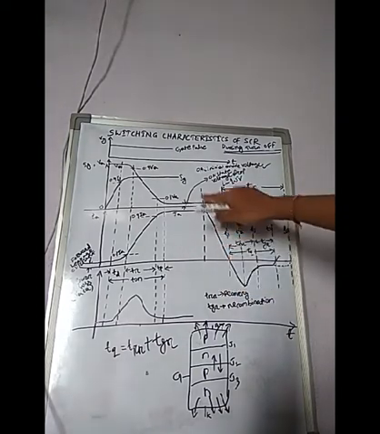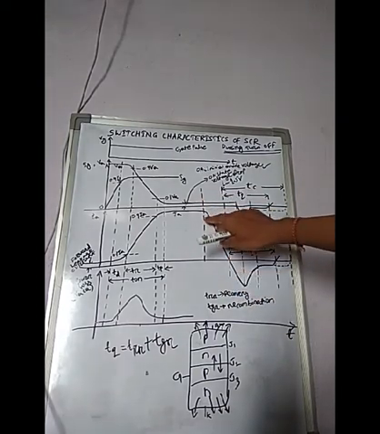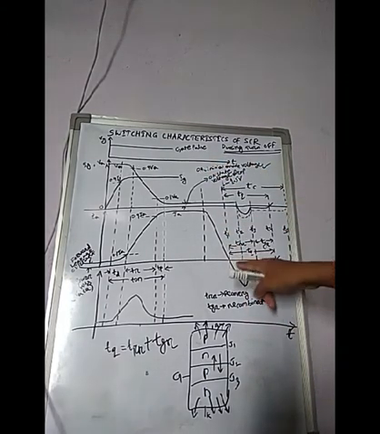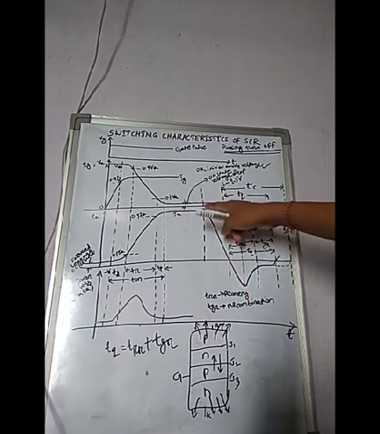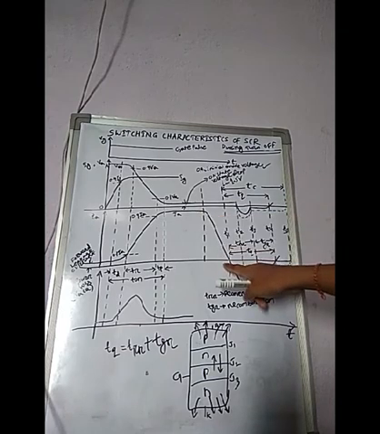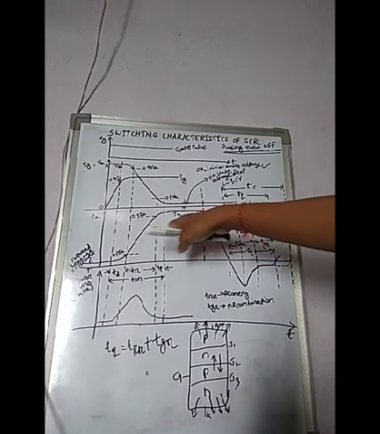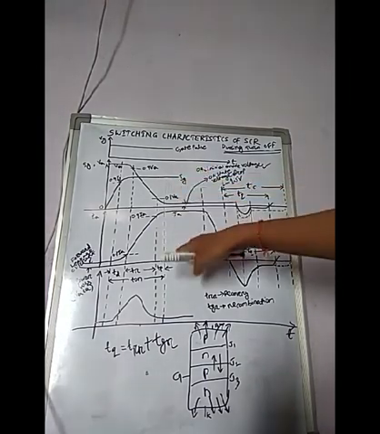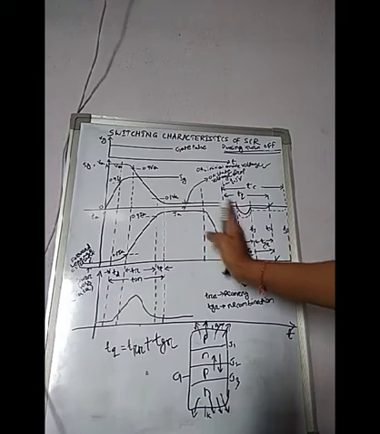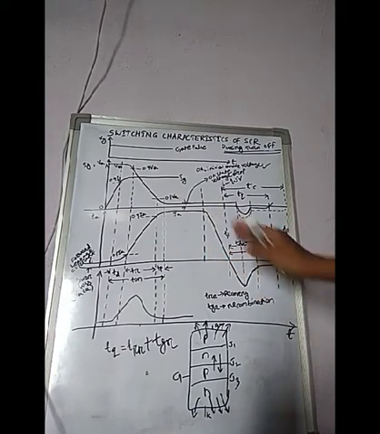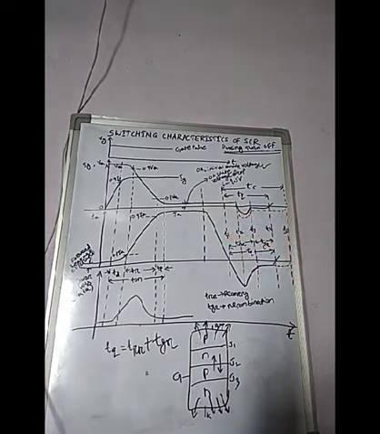Here the di/dt slope means the current starts decaying. So at instant T1 the anode current becomes zero. Before this is the stable conduction state, the thyristor is in the on state, and after this the current starts falling, so the turn-off process is initiated.